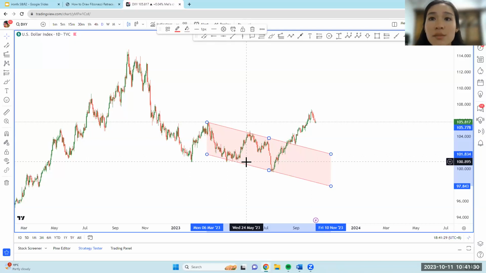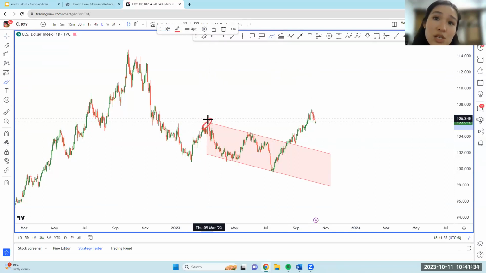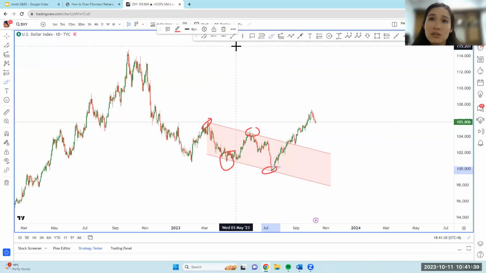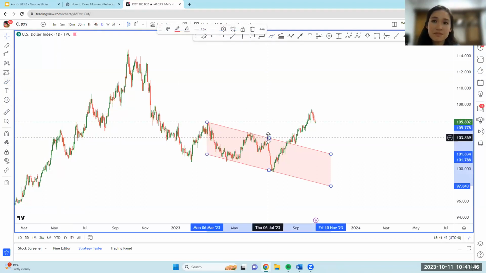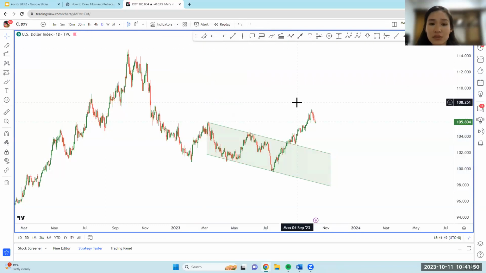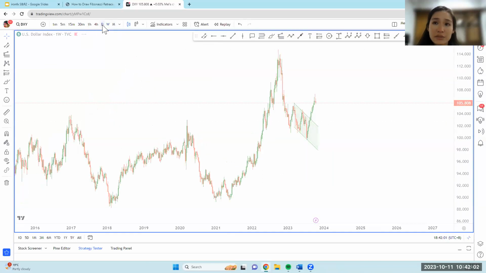So this could be a possible breakout of a trend channel because we have two swing highs at the top as well as two swing lows. Okay, so this actually could be an example of a breakout as well. Okay, so we're still generally bullish on our weekly and our daily time frames.